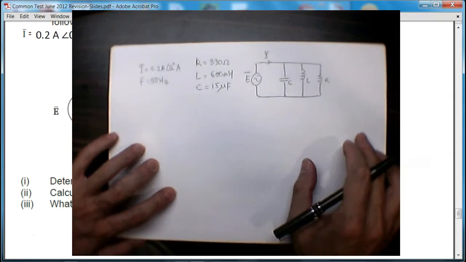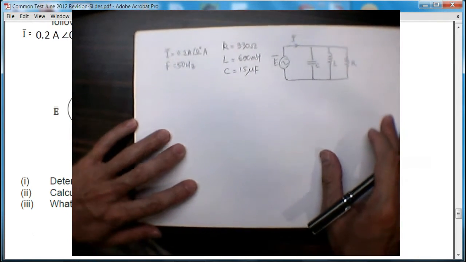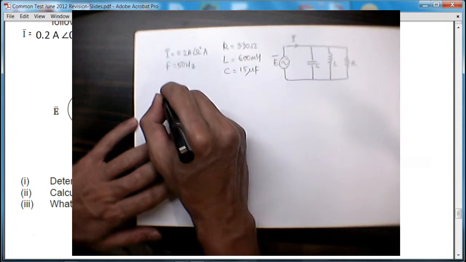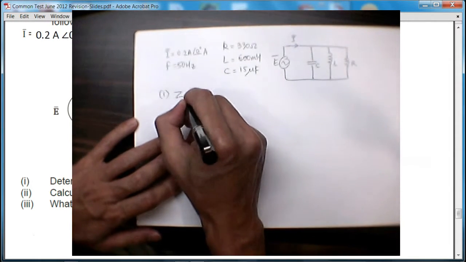I've drawn roughly a little circuit like that, right? So the first thing to do is we want to find the total impedance ZT.